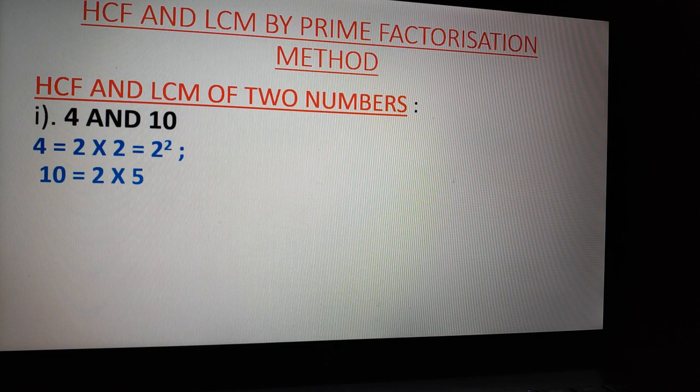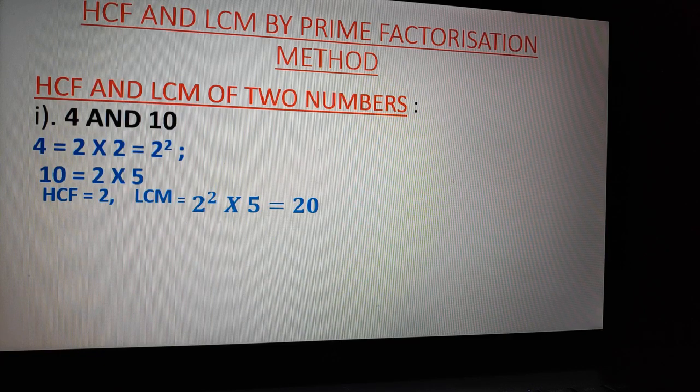When we talk about the HCF, we have to consider only the common factors, common factors with the least power. Here the power of 2, that is the index of 2, for the first is 2 and for the second it is 1. And 2 is the only common factor, therefore HCF is 2.